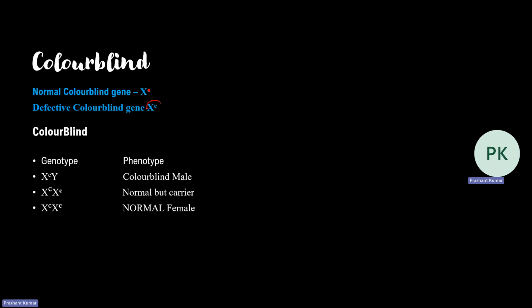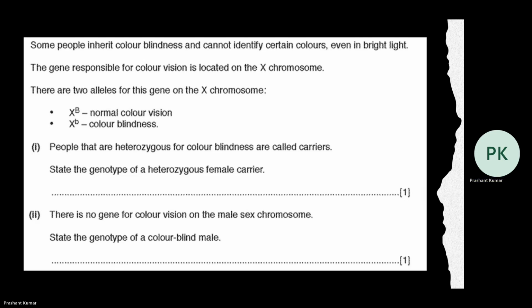The defective gene is written like this. So XcY means a color blind male. XCXc is normal but a carrier. XCXC again is normal. There is no c here, just normal notation, both X chromosomes.